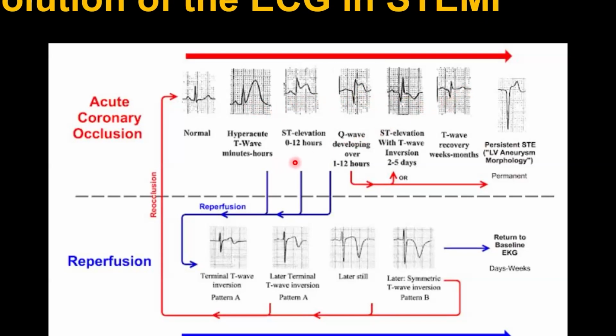In 2024, however, people who come in with this appearance go to the cath lab and have a stent placed in the appropriate artery, after which there are these T-wave inversions that are thought to be reperfusion T-waves.